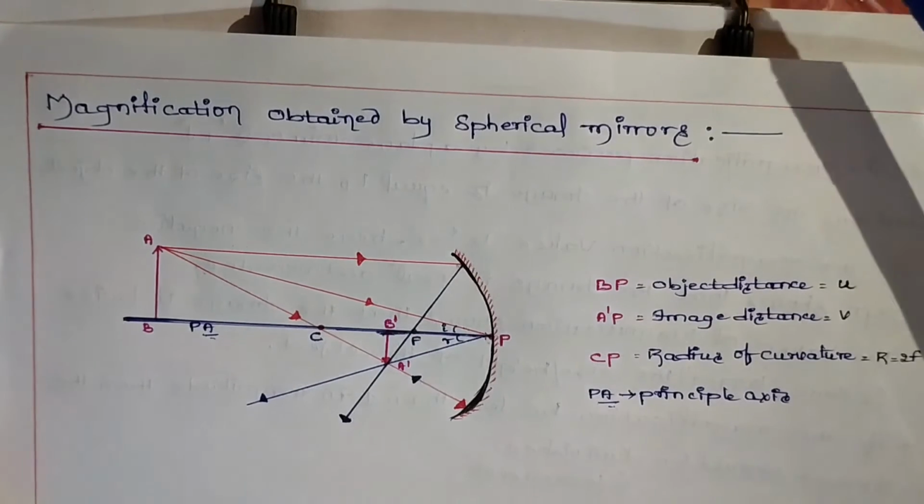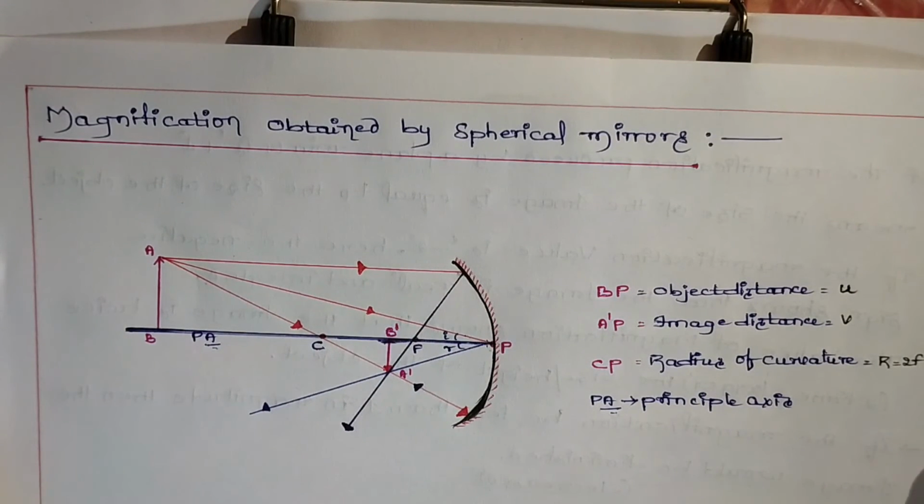Next, according to the topic, magnification is the increase in the image size produced by spherical mirrors with respect to the object size.